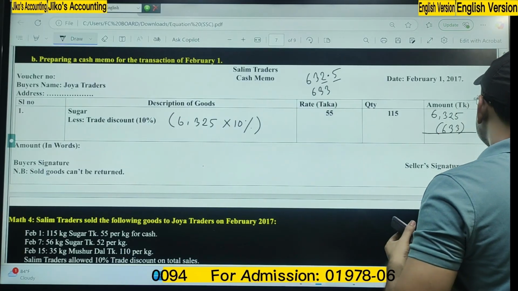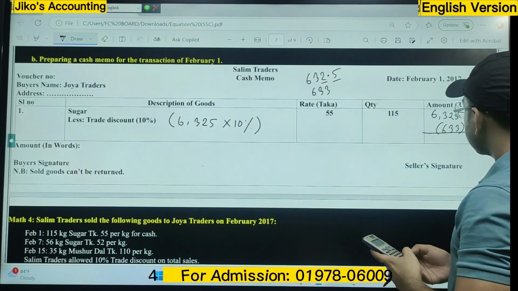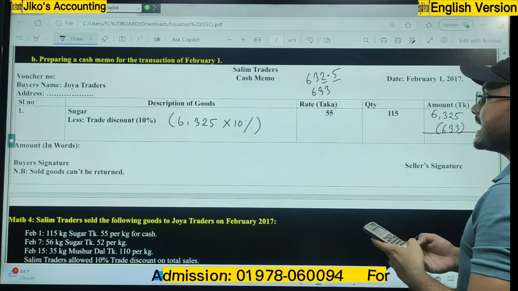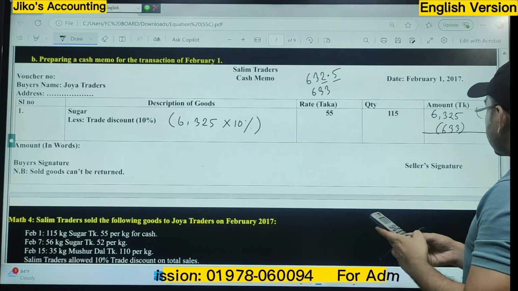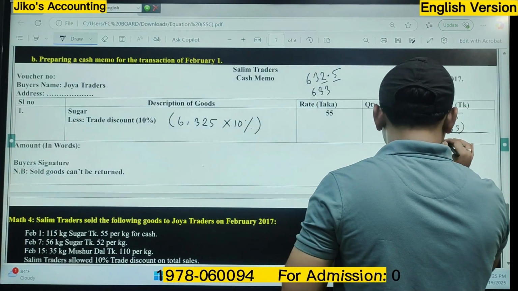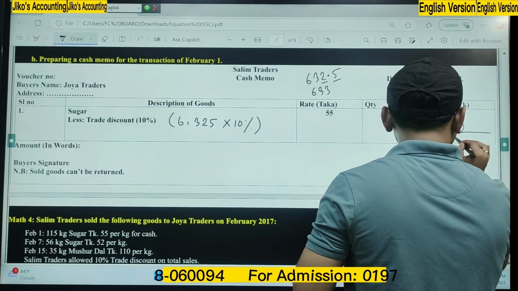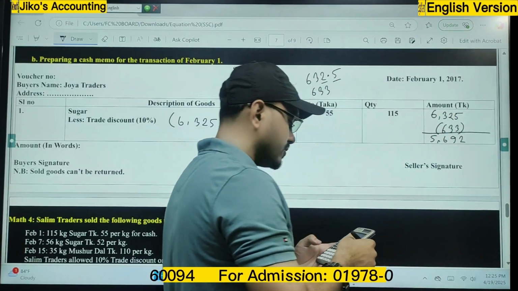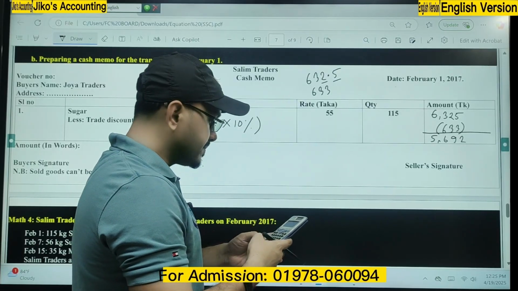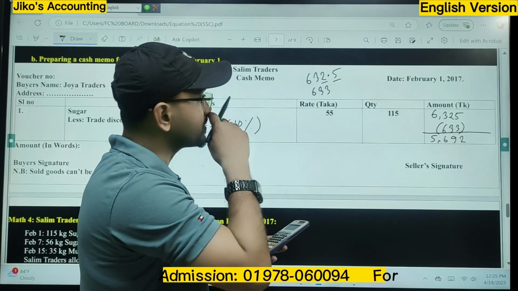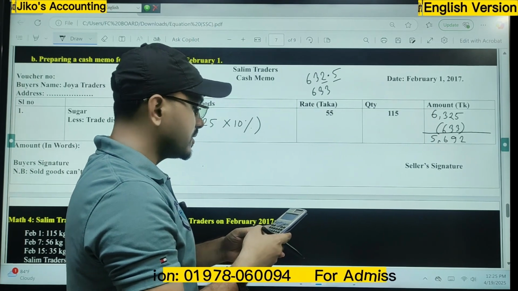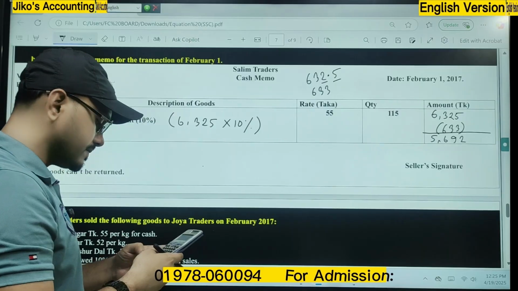Now deduct it. 6,325 minus 633. What is my total amount here? 5,692. Again, to check it, 6,325 into 10% discount.